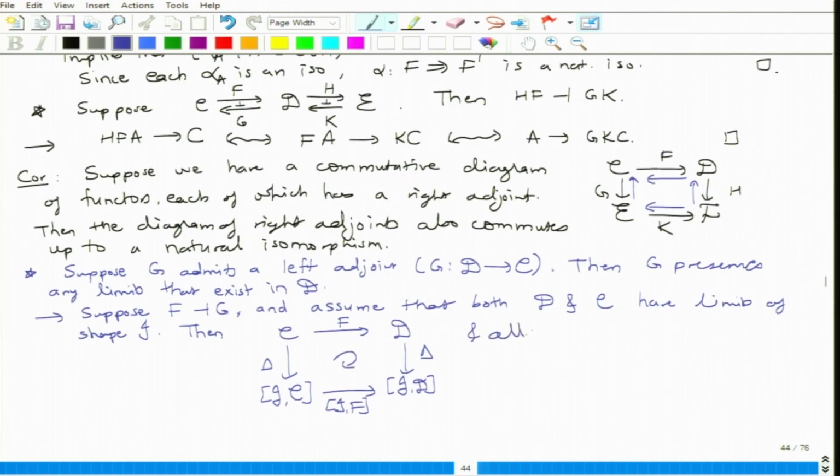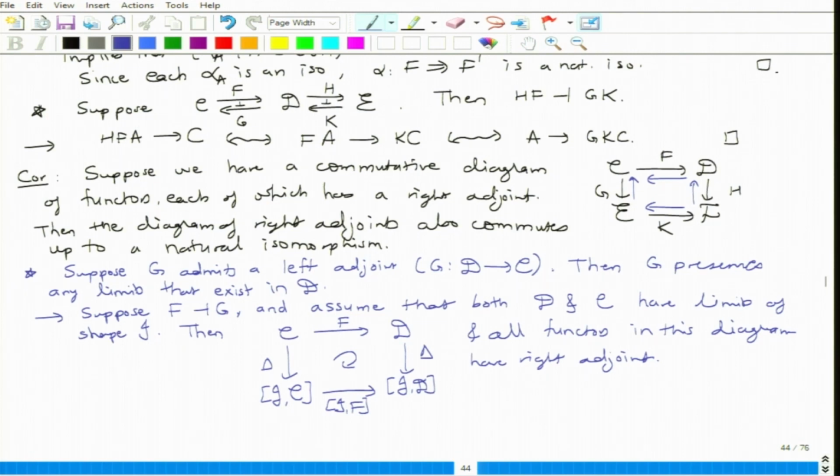And all functors in this diagram have right adjoints. Correct?